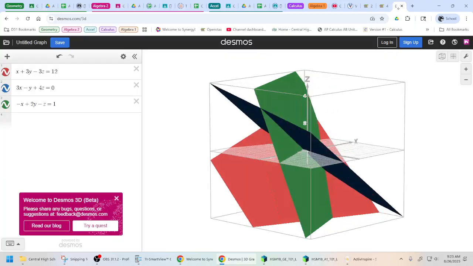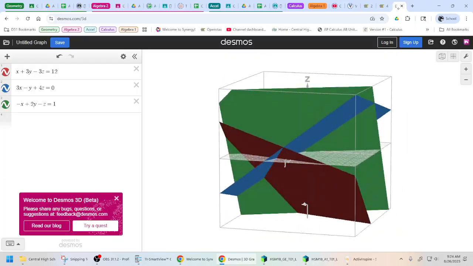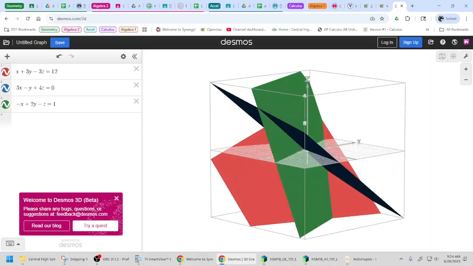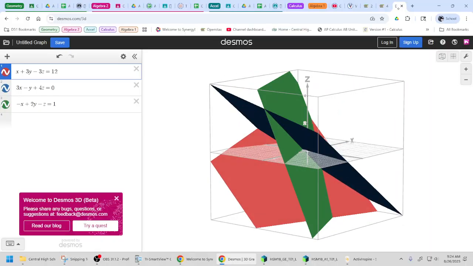Here, let's see how that does for you. Is anybody getting dizzy? Alright, it says welcome to Desmos 3D beta. So probably not ready to solve using this yet.